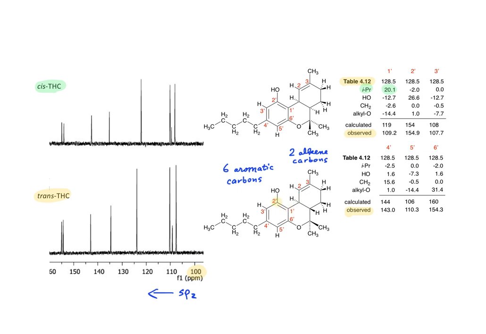At carbon 2, there is a phenol, so we apply the correction factor for the hydroxyl group at 2'. 3' has a hydrogen, but 4' has an n-pentyl group.